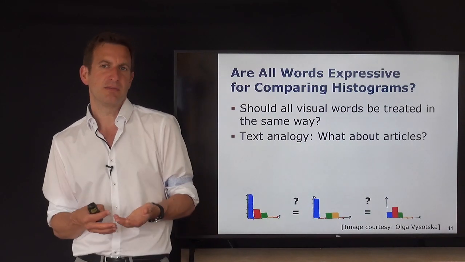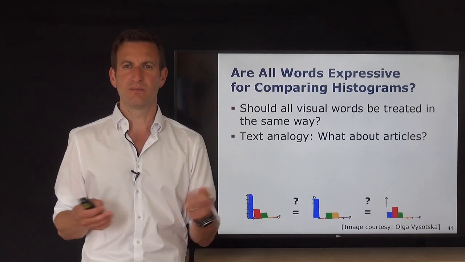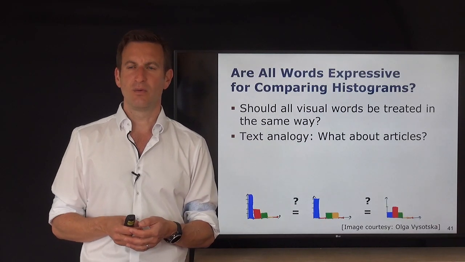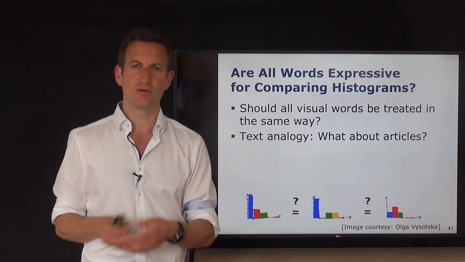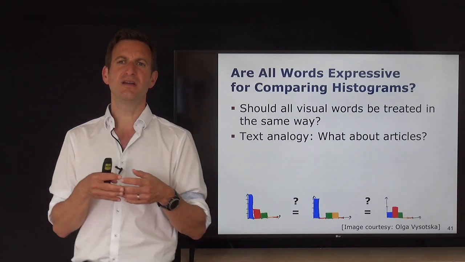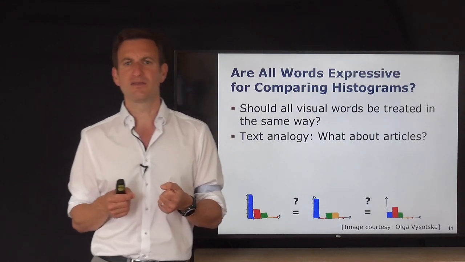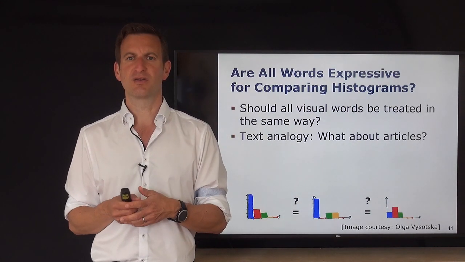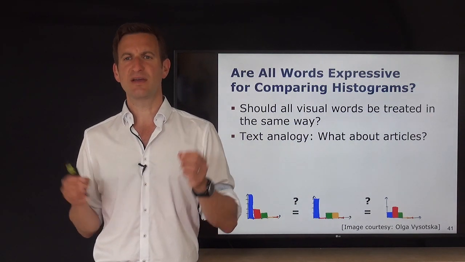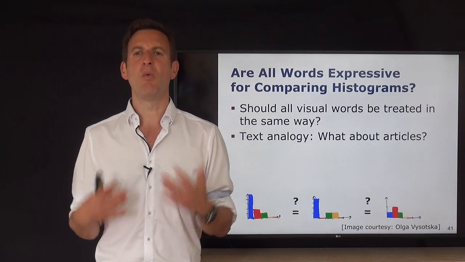The article the will probably appear in every document that you have. So this word is not very expressive for categorizing documents, or the word is, or has, or he, or she, something like this. Probably words which appear in a large number of documents won't tell you a lot when you look for similar documents.